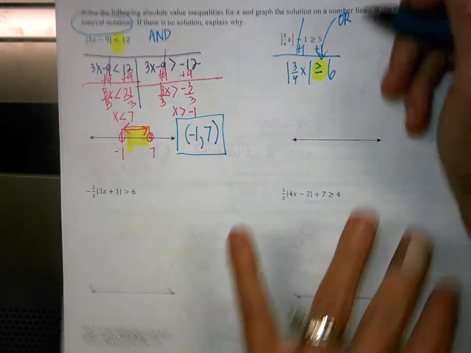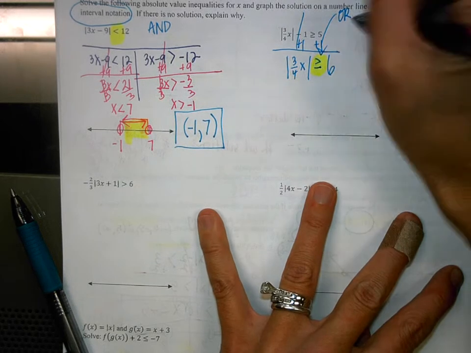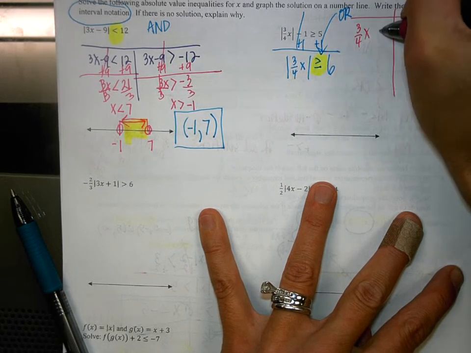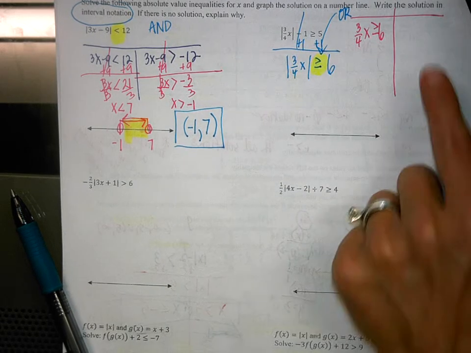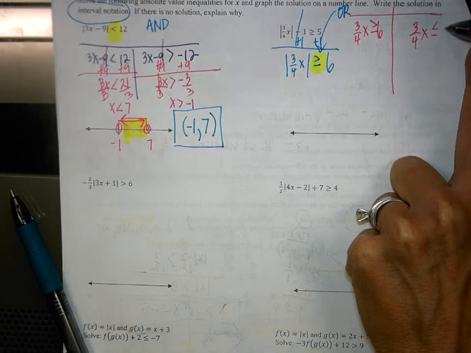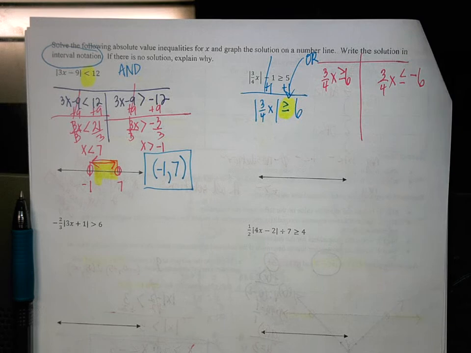Okay, we write our two equations. What are my two equations for this one? 3/4 x is greater than or equal to 6. The other one is? Perfect. How do you get rid of that fraction?